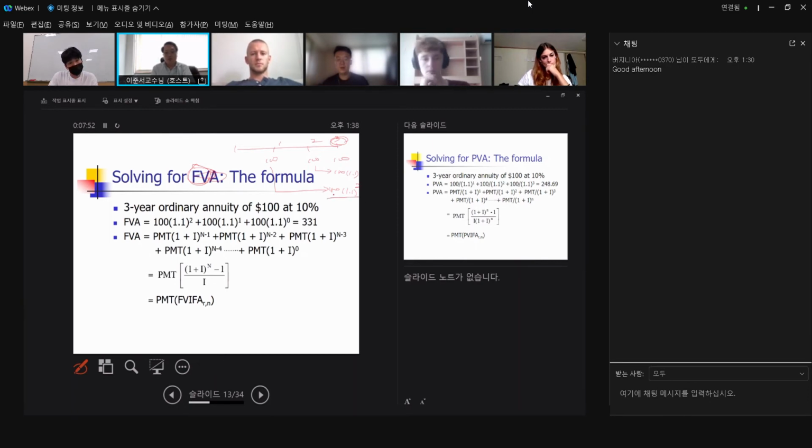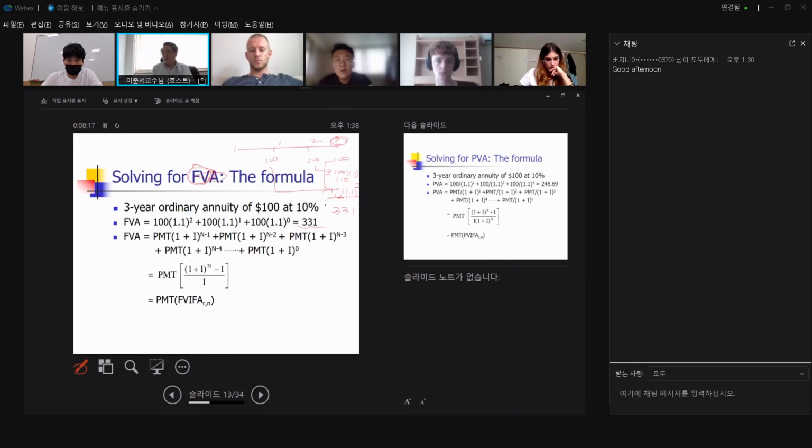So the future value of annuity is the sum of these 3 cash flow streams. 100 times 1.1 is 110. 100 times 1.1 squared is 121, right? So the sum of these 3 cash flow streams is 331, right? So the answer is 331.